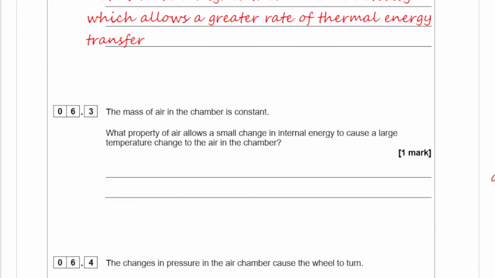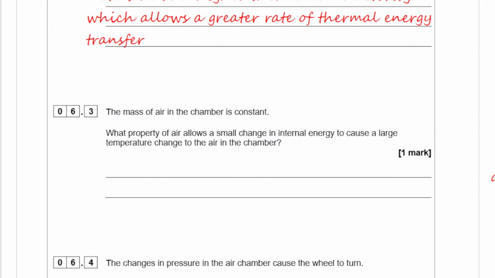The mass of the air in the chamber is constant. What property of air allows a small change in the internal energy to cause a large temperature change to the air in the chamber? Now, the question is asking what property of air, something like density, thermal conductivity, and so on.